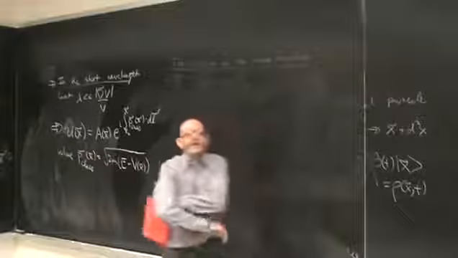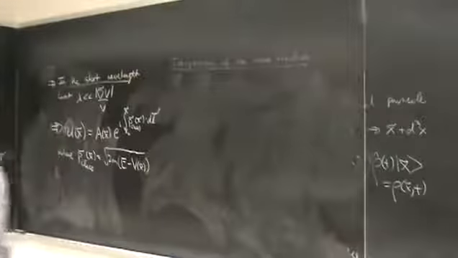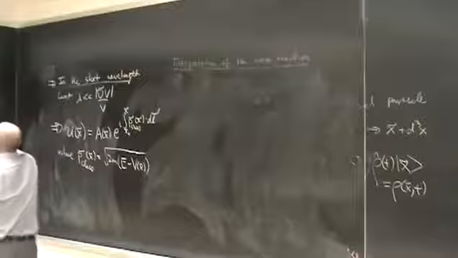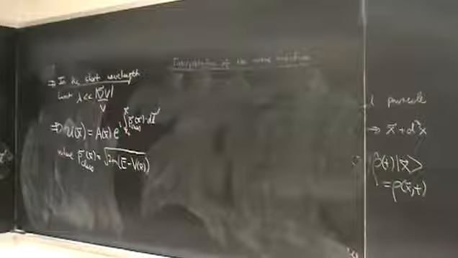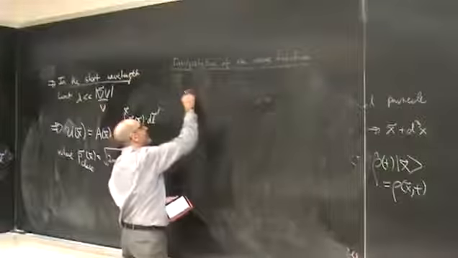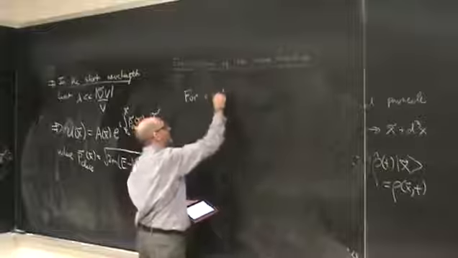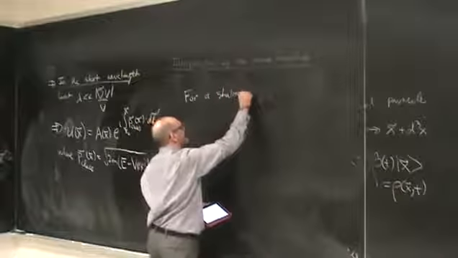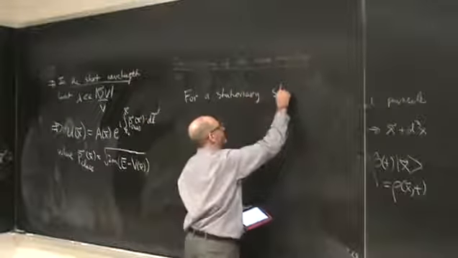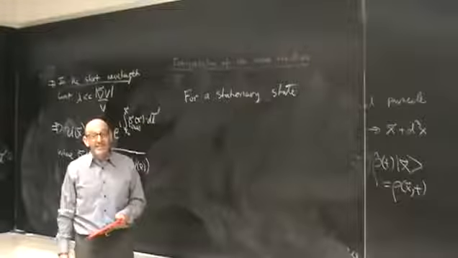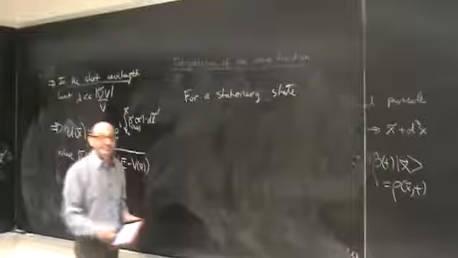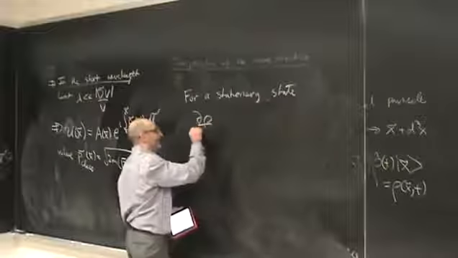This is a stationary state, right? That's what I'm looking at here. What can you tell me about the probability density as a function of time? It's not changing. It's not a function of time. So partial rho by partial t is 0.